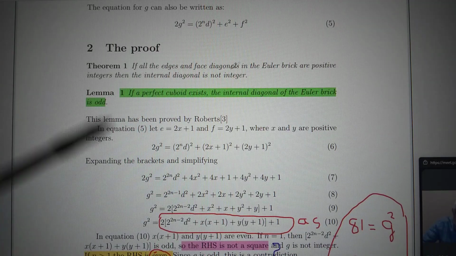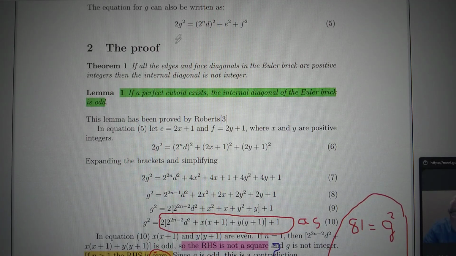Just, everybody knows that G squared equals side 1 squared, plus side 2 squared, plus side 3 squared.